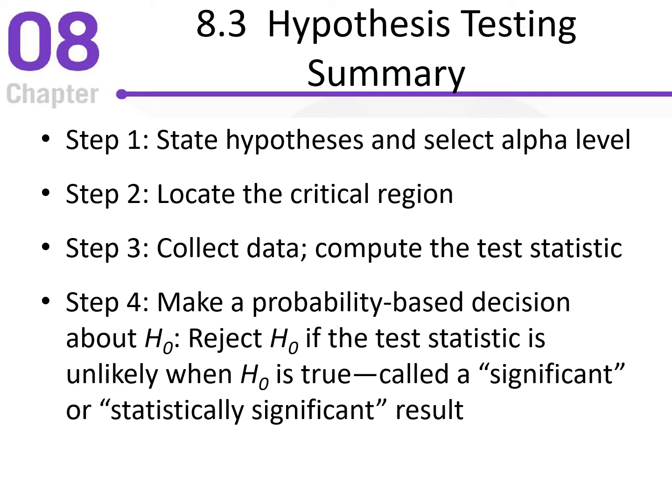If we reject the null hypothesis, we call it statistically significant. So statistically significant means that you've rejected the null hypothesis. And so that basically means your result is not due to chance, it's due to a real treatment effect, or the real effect of an independent variable.